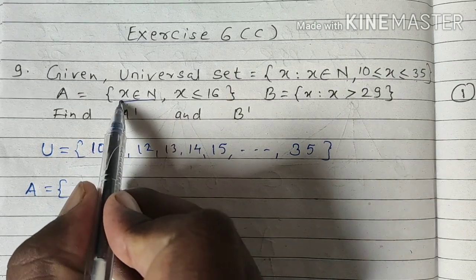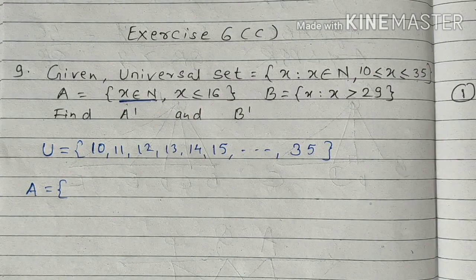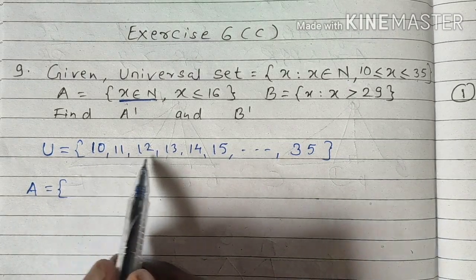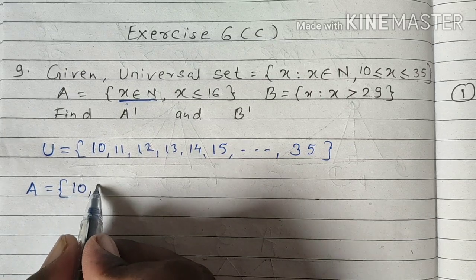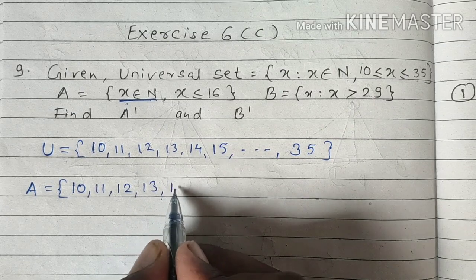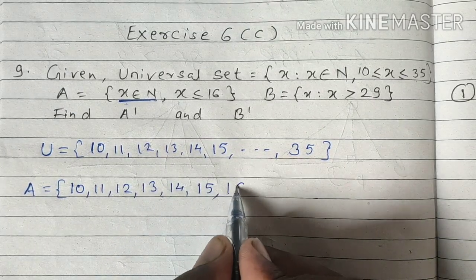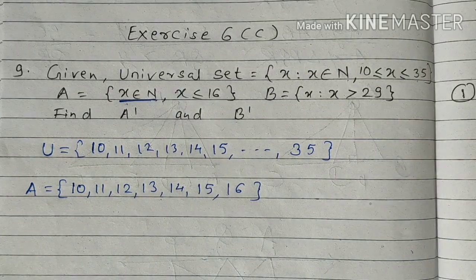Since X belongs to the natural numbers, our natural numbers start from 1, 2, 3 like that. But since our universal set starts from 10, we will start our A set from 10, 11, 12, 13, 14, 15 and 16 is also included because of this equal to sign. Understood everyone?